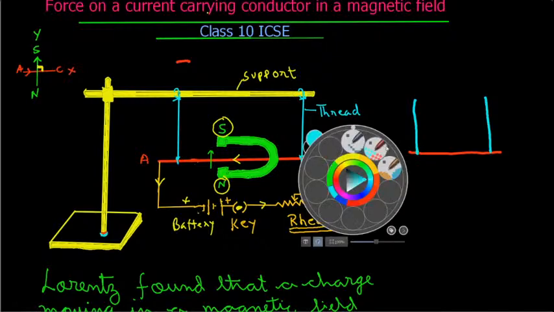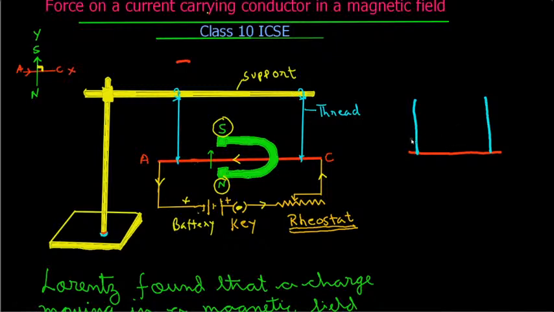Okay, now what happens this time? This time it gets pushed away like this, which means that the direction has changed. The magnet is still the same, but this time it has moved out of the magnet.